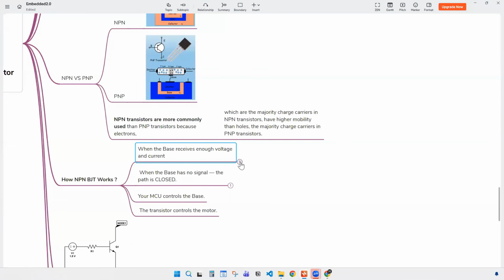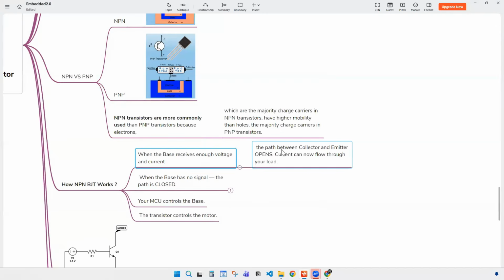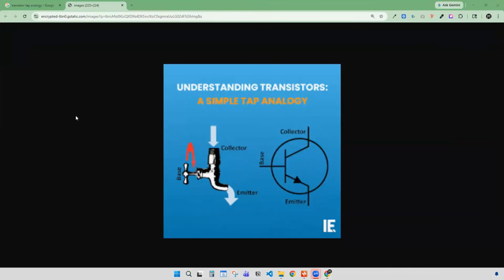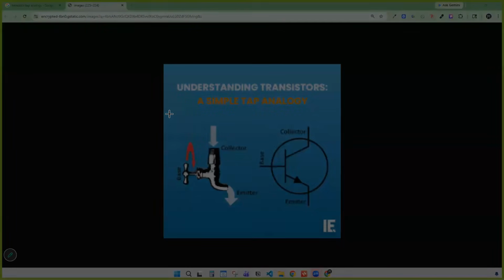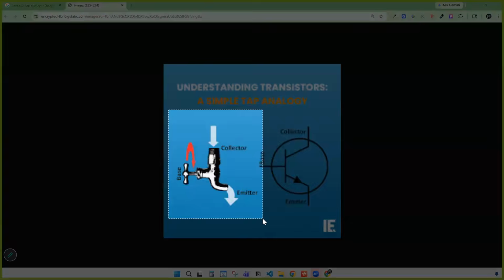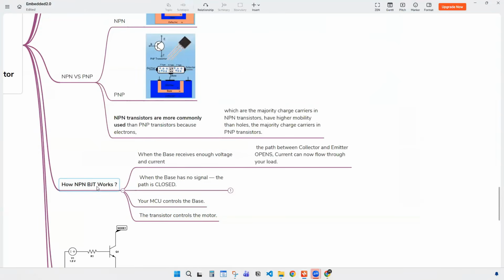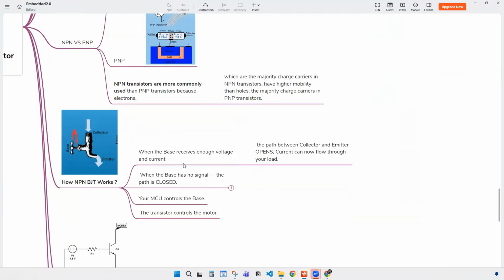When the base receives enough voltage and current, the path between the collector and emitter opens up. For example, let us see this diagram, with the collector, emitter, and so on. Just watch this picture carefully so it will be easy to understand. When the base receives enough voltage, the path between the collector and emitter opens up so that current can flow.